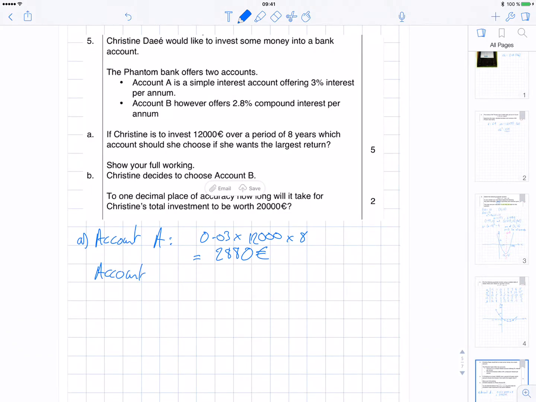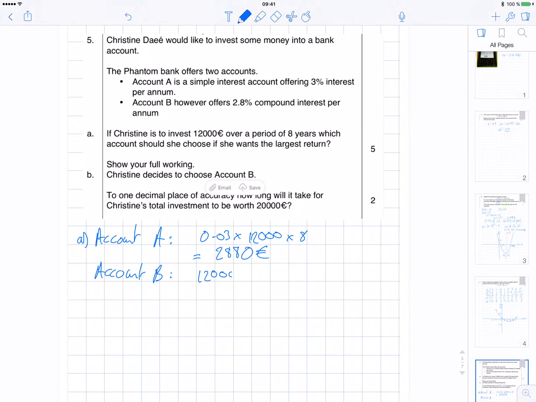Account B is 12,000 times 1.028 to the power of 8, which is equal to 14,966.7 euros.